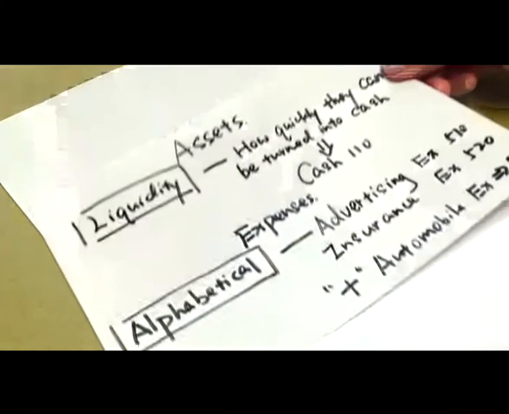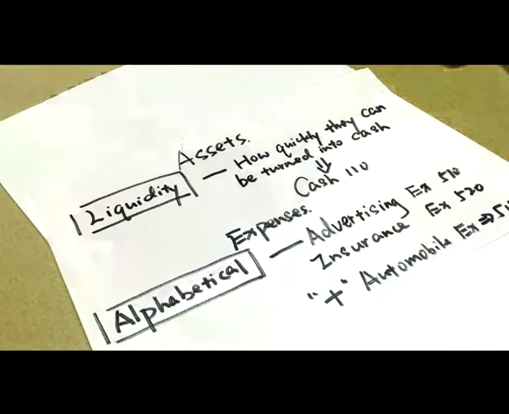There are two things that you should remember. First, assets are listed in order of liquidity, which means how quickly they can be turned into cash. Because cash is already cash, it should be 110. Second, expenses are listed in alphabetical order.